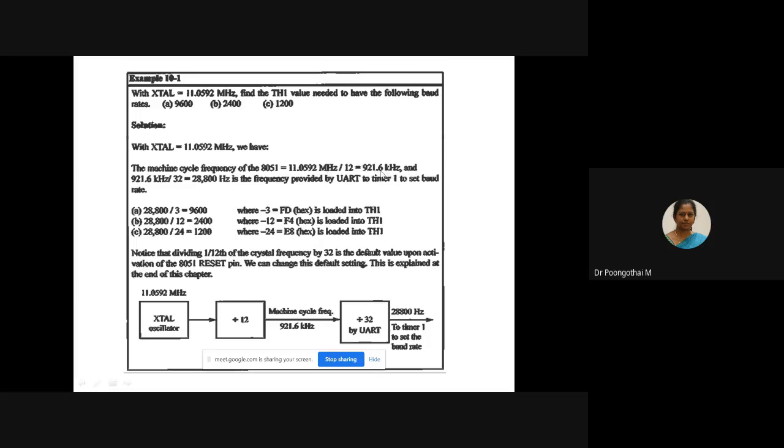Again, this frequency is divided by the UART module by 32, so we will be getting 28,800 hertz, the frequency provided by the UART to Timer 1 to set the baud rate. For that you have to divide this value by 3, and we will be getting 9,600. So the initial value of the timer is minus 3, that is minus 3, which is nothing but 256 minus 3.